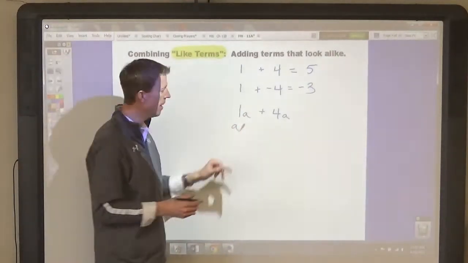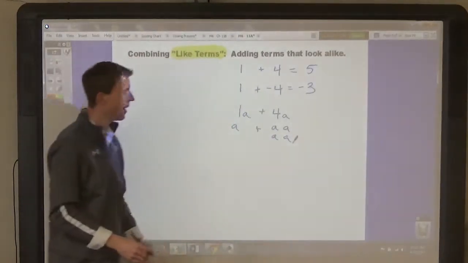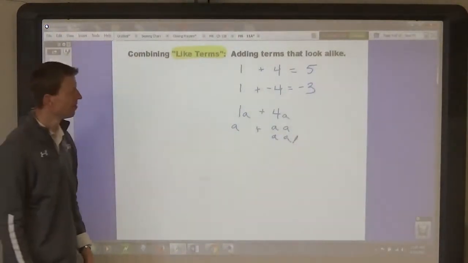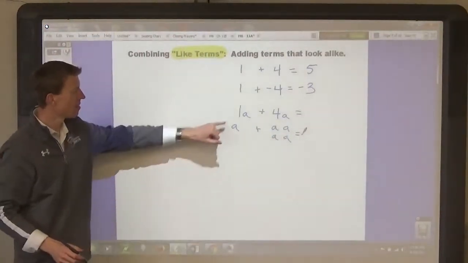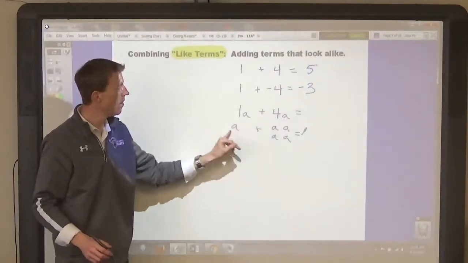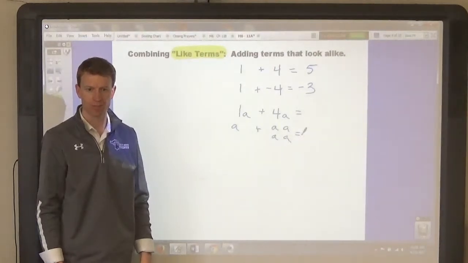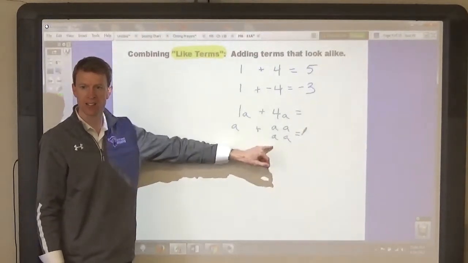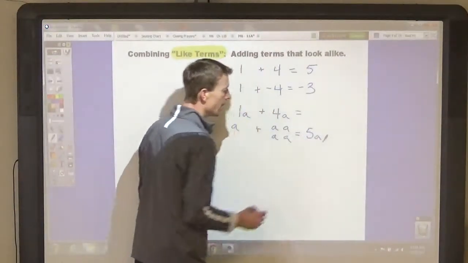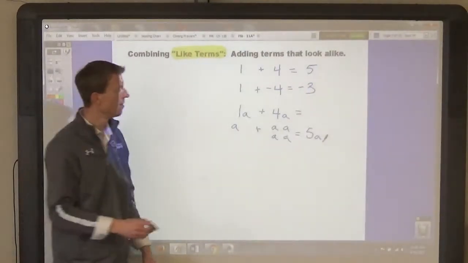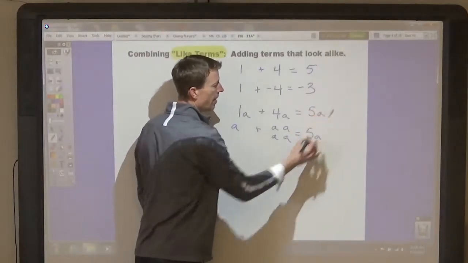So this is 1a plus 4a's, and we can add those together. This is what it would look like in numbers, and this is what a model would look like. How many a's is that, Grace? 5 a's, yep. And this is how you'd write it: 1a plus 4a is 5a.